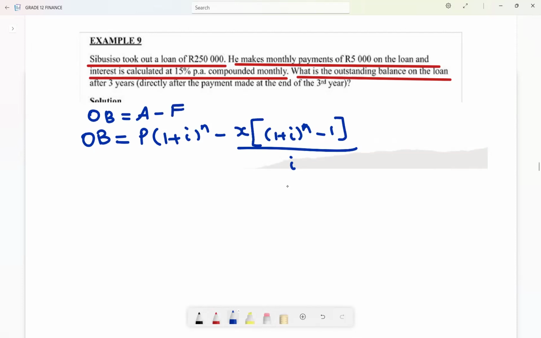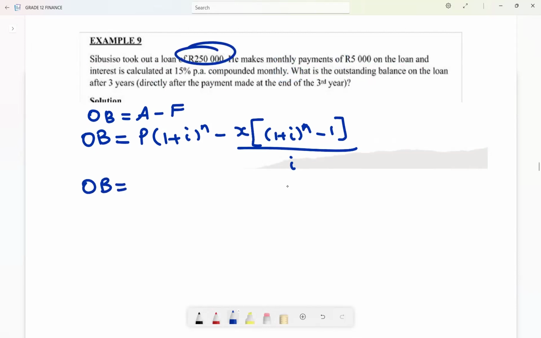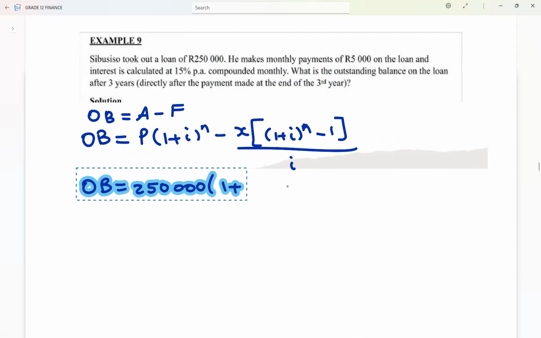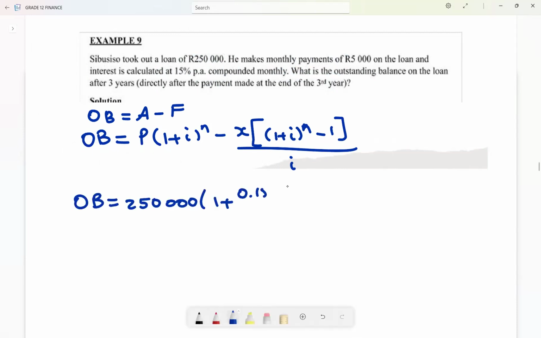Now, outstanding balance is going to be P, which is 250,000, times 1 plus i, where i is the interest, which is 15%, which is 0.15, divided by 12 since it is compounded monthly, to the power of what?